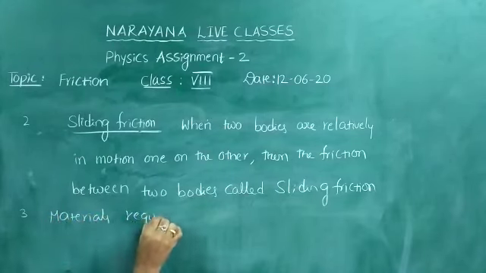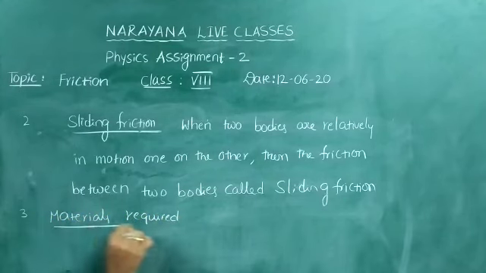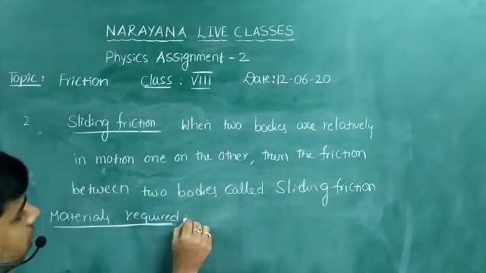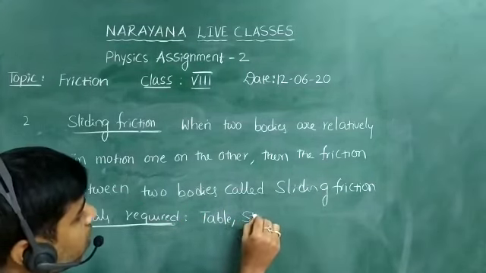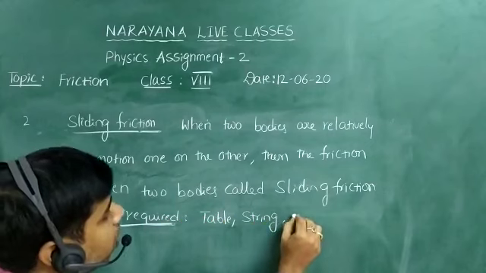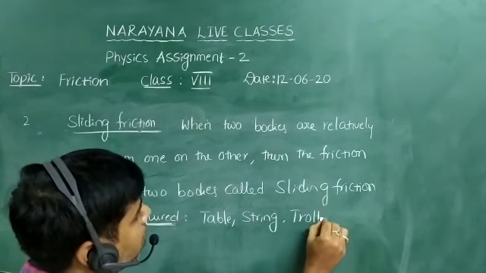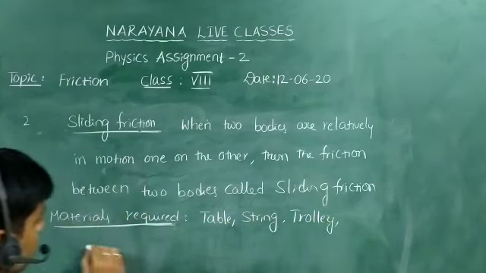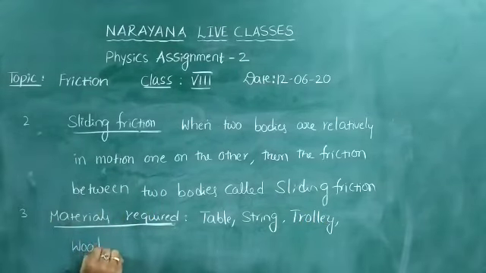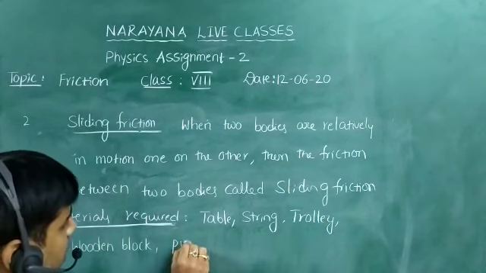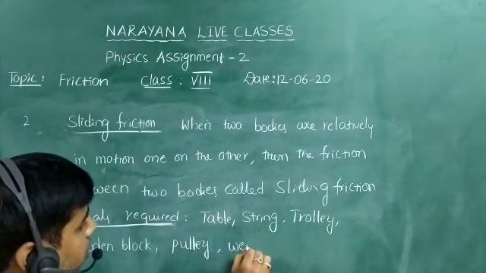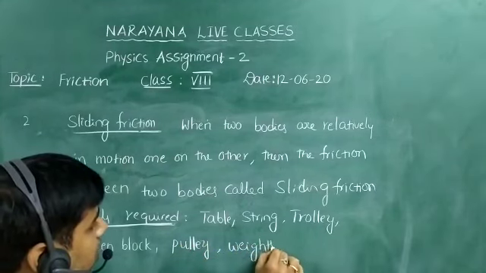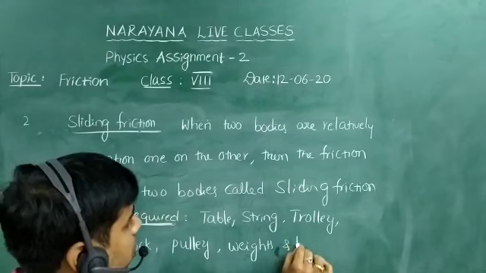The materials required are a table, string, trolley, wooden block, pulley, weights, and a hanging hook.